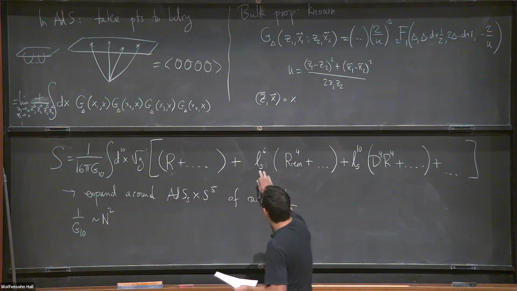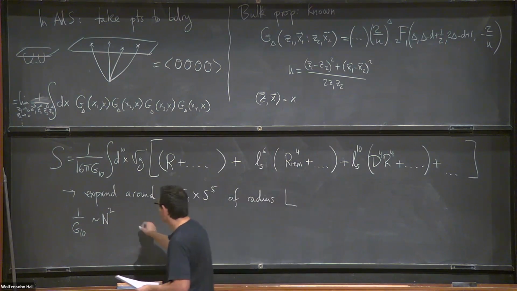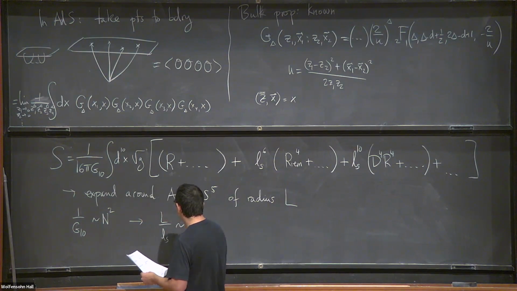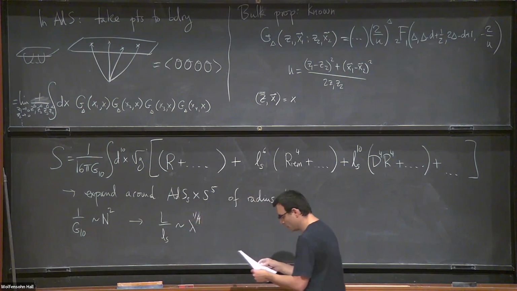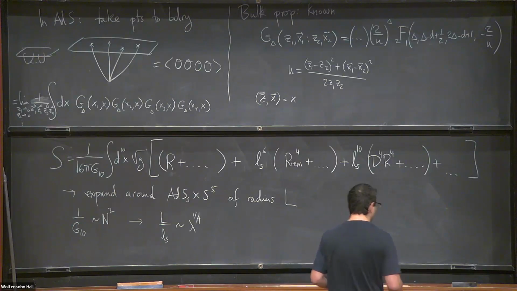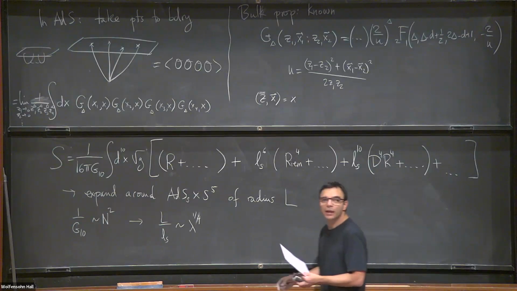And another thing, because the string length appears here, another thing we have to remember is that L over the string length is proportional to lambda to the power 1/4. And that's all we need to know. So then I'm going to write down how the various things scale.